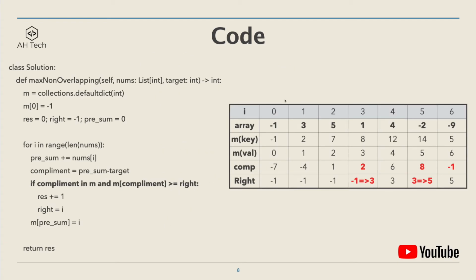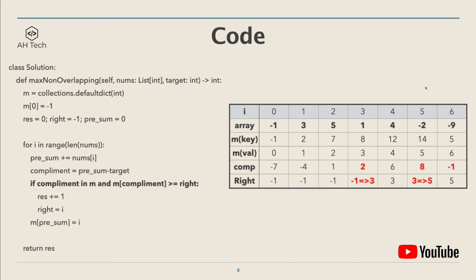And for this example, at index 0, 1, 2, we will just update the hash map. The key is the prefix sum, the value is the index. And at index 3, the complement is in the hash map, and the value is larger than right. So we will increment the result by 1, and then we will update the variable right from -1 to 3.